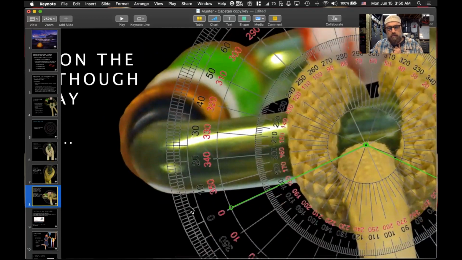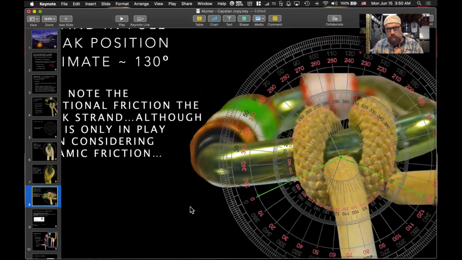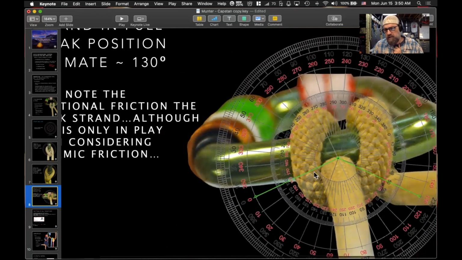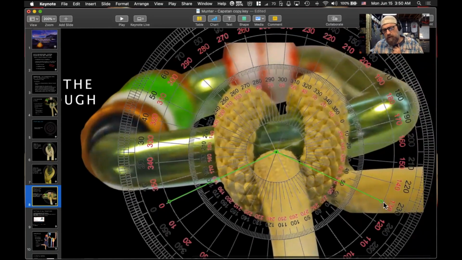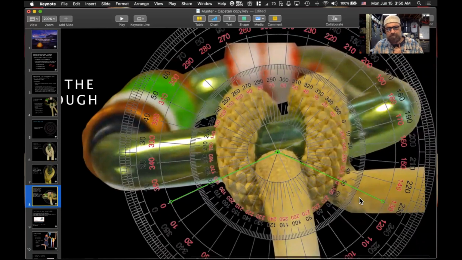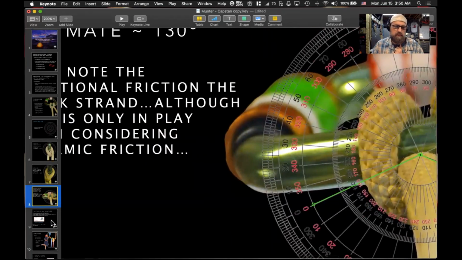So same way, we estimate this one. We plot here at about 130 degrees. All we're looking at is just this contact portion right there. So there's our 0 coming in, where it just starts to hit rope on rope contact. We follow that right around here, and we're coming out right at around 130. So from there, this is where all the excitement starts.